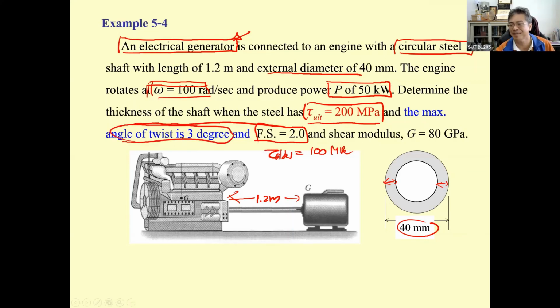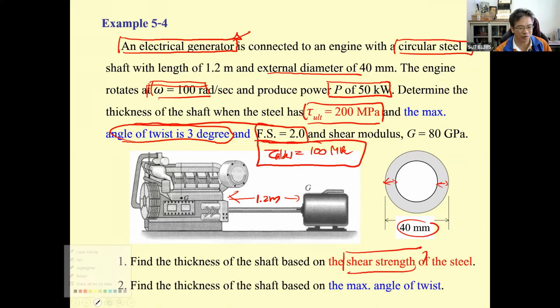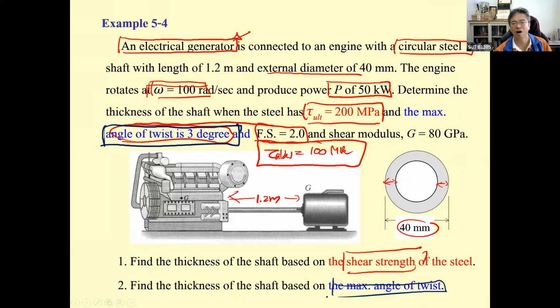The problem is similar to what we have in the ship from the previous example. So we do the design, one based on the shear strength or based on the tau allowable. Another one, we will do the calculation based on the stiffness or based on the angle of twist.